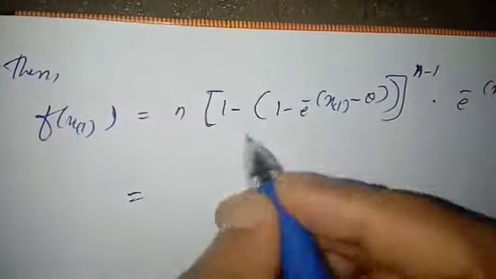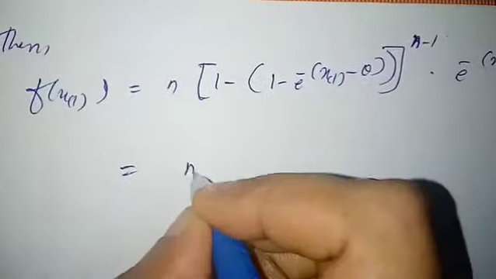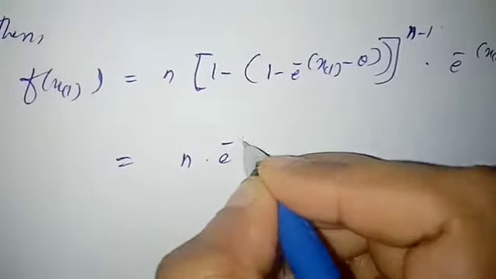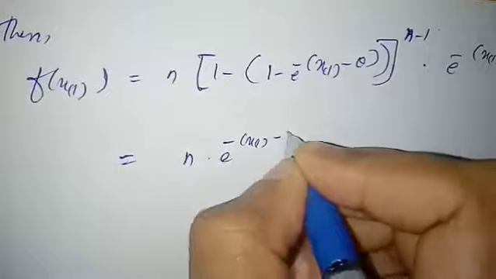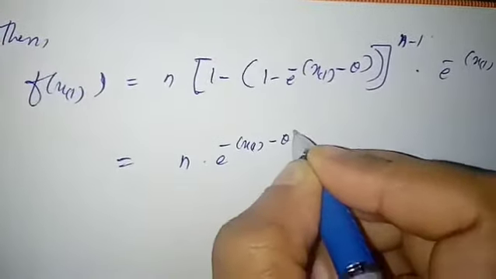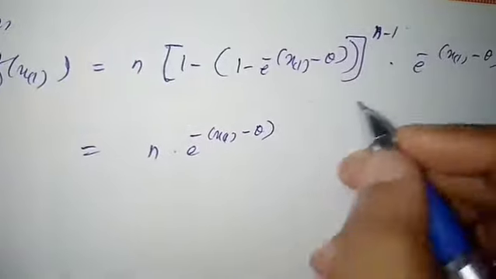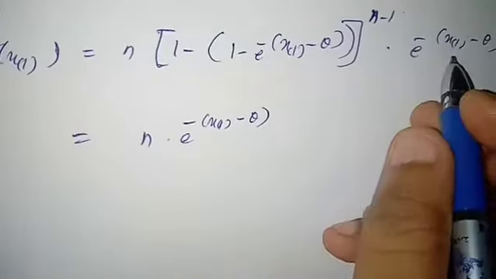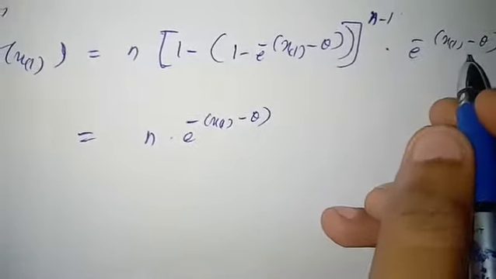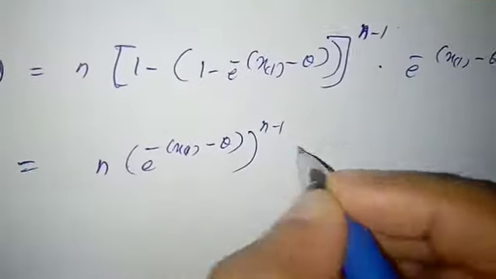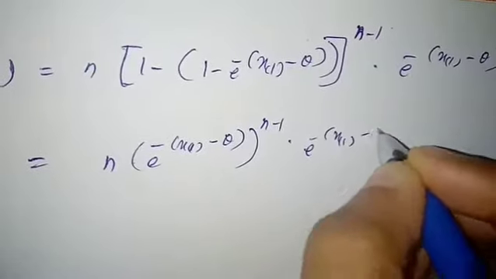So this equals n into, here the 1 cancels, e power minus x1 minus theta, power n minus 1, into this term, which is a similar term, e power minus x1 minus theta.